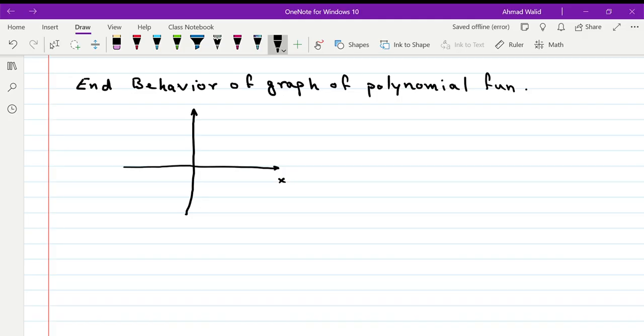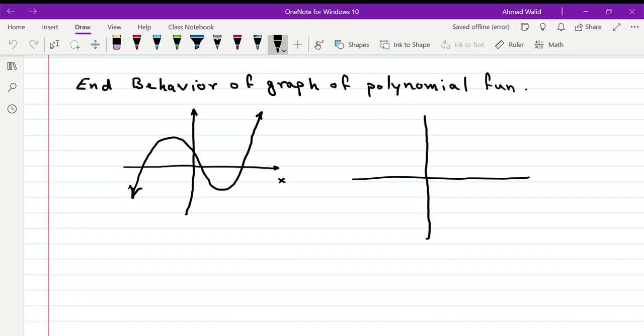If I draw, for example, a function like this, a graph like this, or if I graph a function like this, like a W shape, my name, Walid, correct?